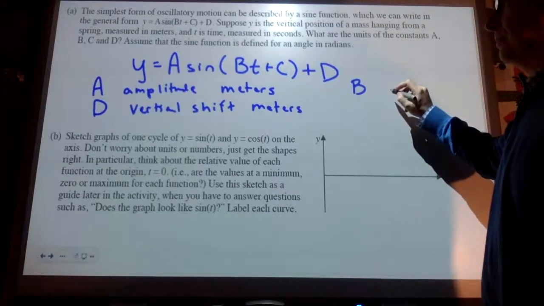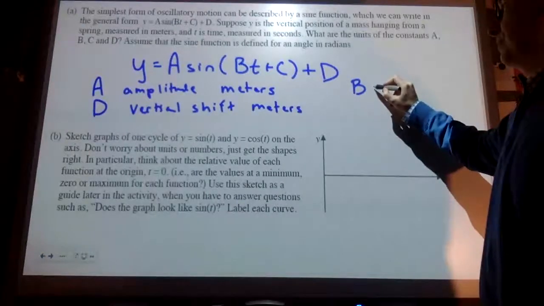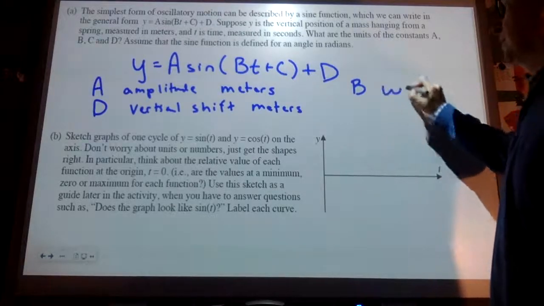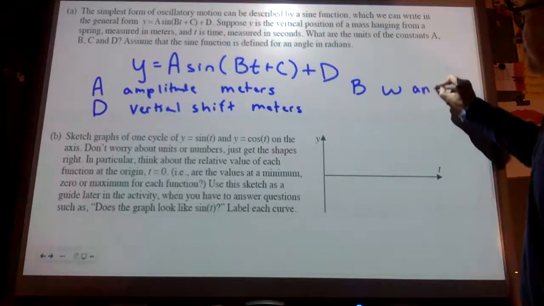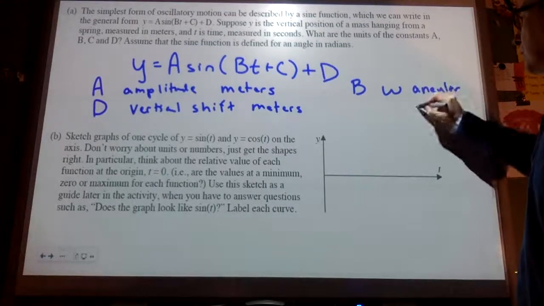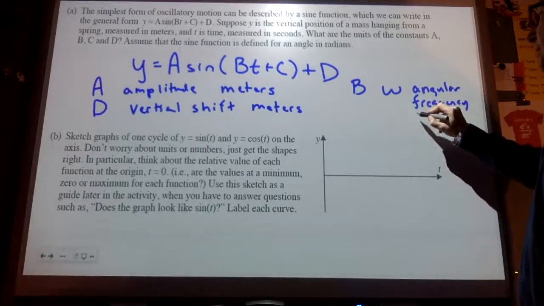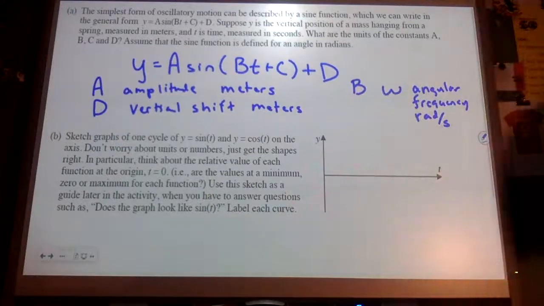B, we identified as omega, last part, lowercase omega. And this is our angular frequency. And this is going to be measured in radians per second.